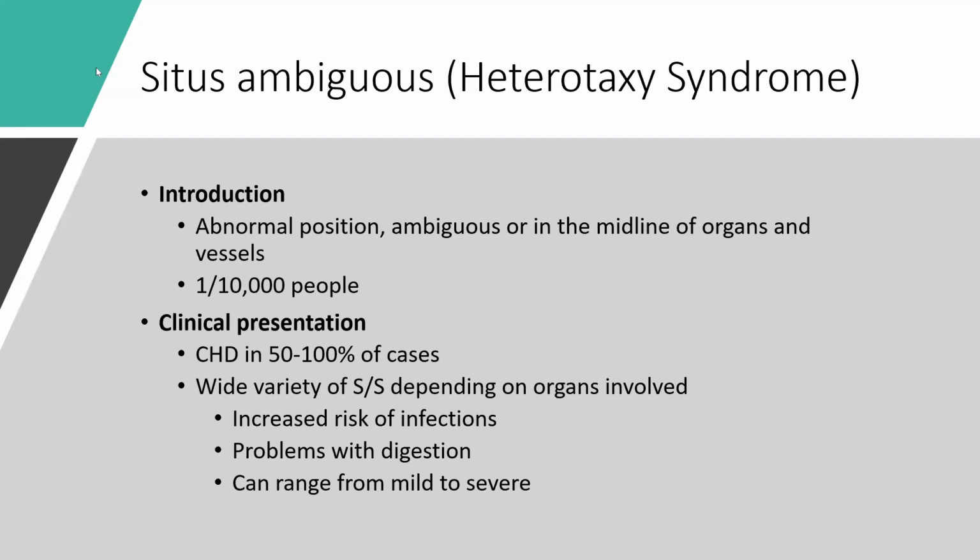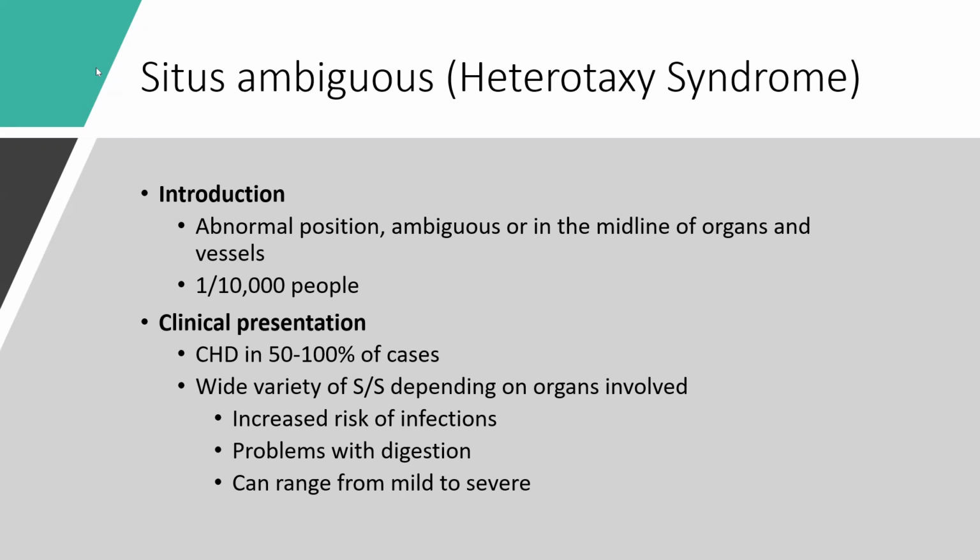The next subset of situs inversus that we are going to talk about is situs ambiguus. So this is associated with the abnormal position of the midline organs and vessels, occurring in 1 in every 10,000 people. And it clinically presents most commonly with congenital heart disease, which is seen in 50 to 100% of cases, and also has a very wide variety of signs and symptoms depending on what organs are involved and how greatly they are involved.